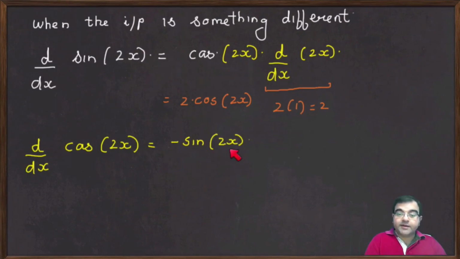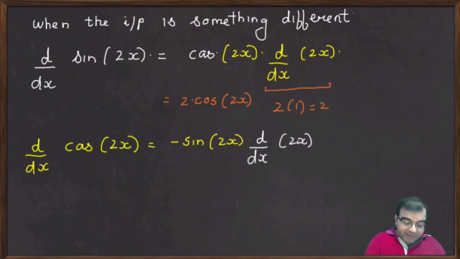That's my first point. But I don't have to stop here. I have to multiply this by the derivative of the input. Again, what is the new input? 2x. So I have to multiply this by the derivative of 2x. Now, 2 into x derivative is what? Very simple, we'll solve it.